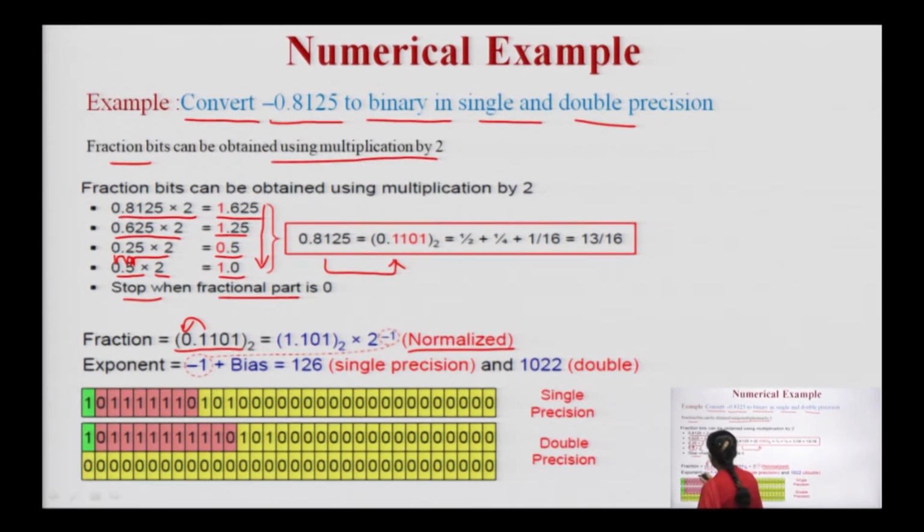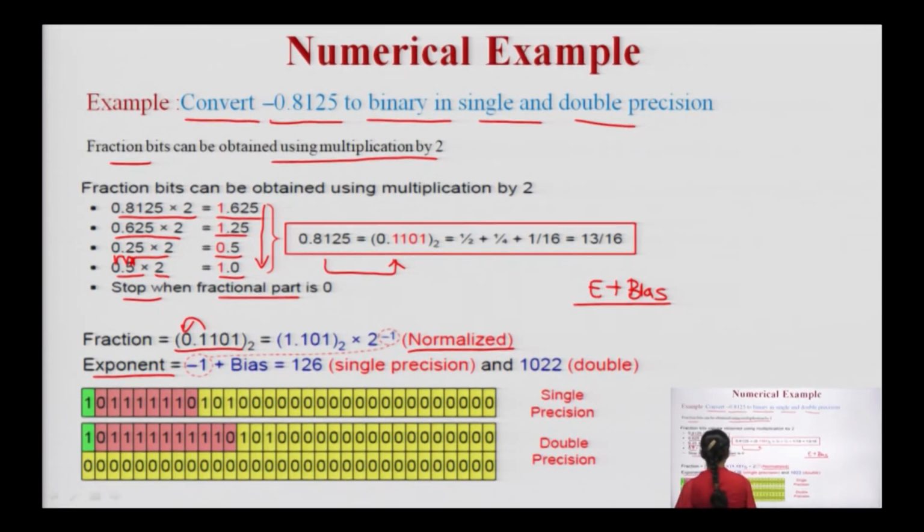Then move on to the exponent part. Whatever value you get for E, you add some constant to make it an 8-bit exponent.